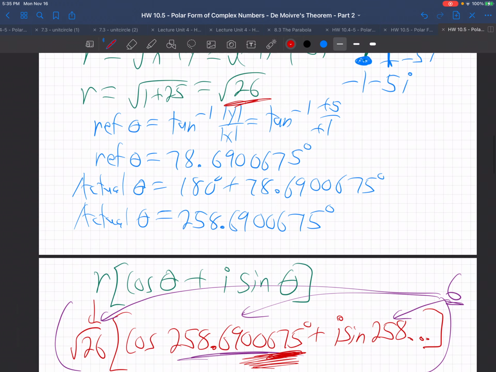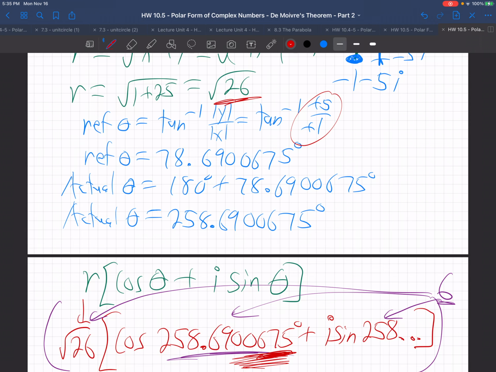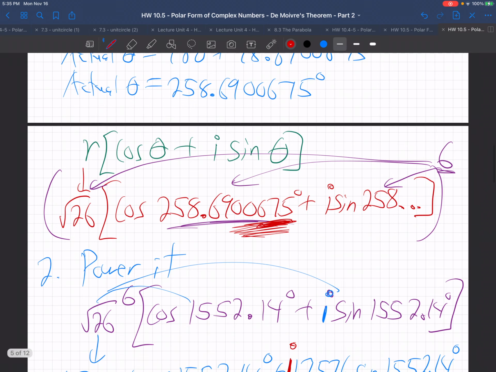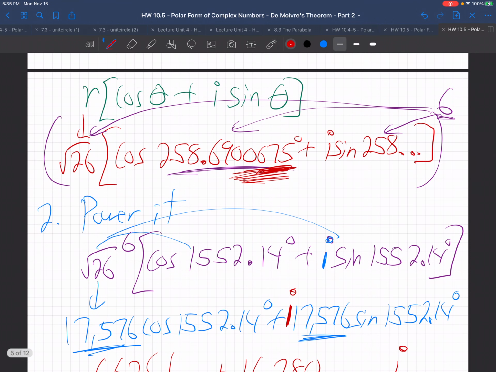So maybe I'll go back and say, how would you do that? Right here we do the tangent inverse of 5. When you get that 78 thing on your calculator, you add 180 to it. Just leave the exact value on your calculator, and then hit the cosine of that times the root of 26 to the 6th power.